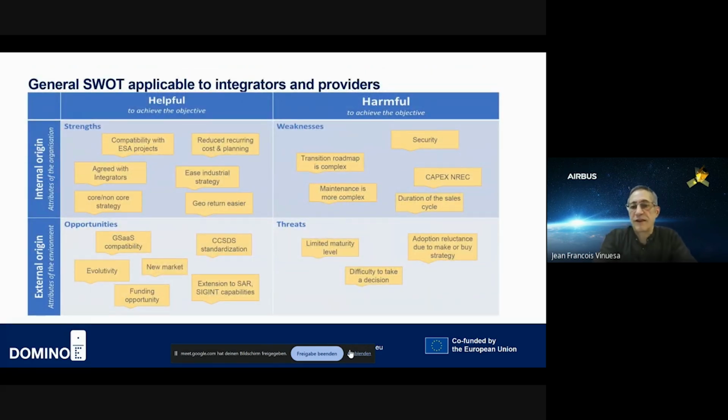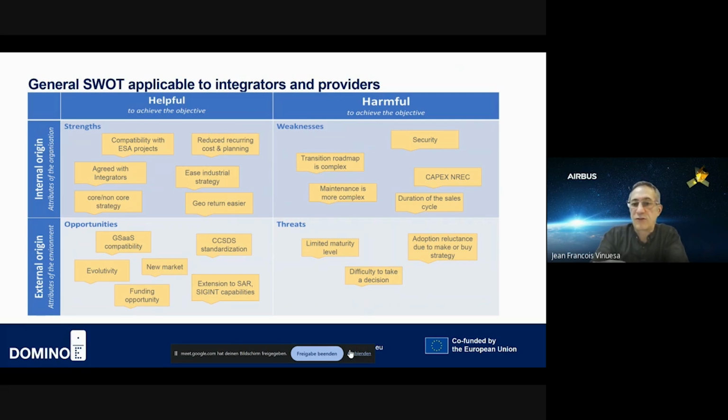So we understand that this way of doing is really a game changer. What we are also working on in the context of the DominoE project, and on the work GMV and Amaya are doing, is to have a SWOT analysis applicable both to the integrators that are in front of the client, but also to the Domino providers, because these Domino providers are going to build some products, some Dominos, and they will have to have a product policy over time for the Dominos.